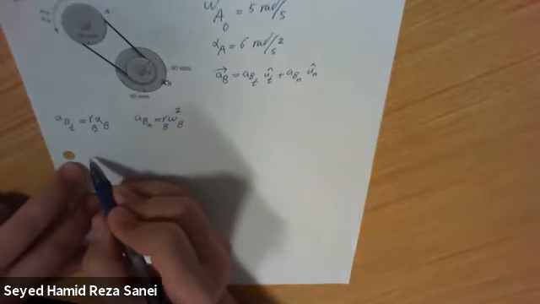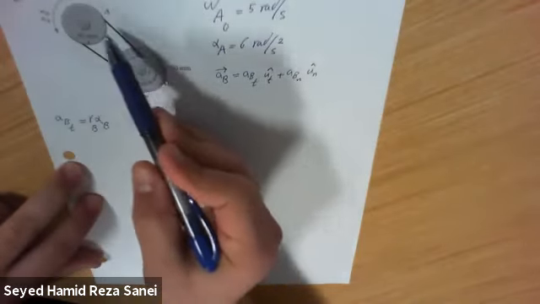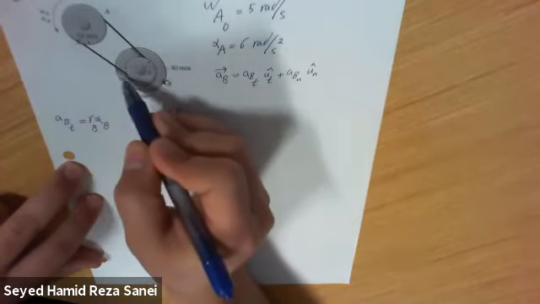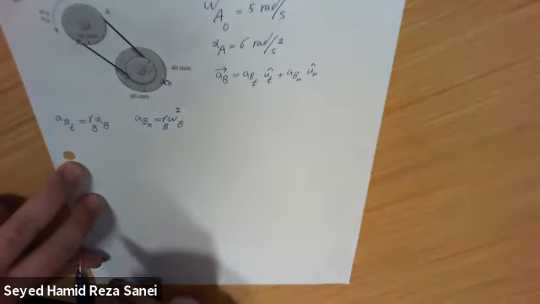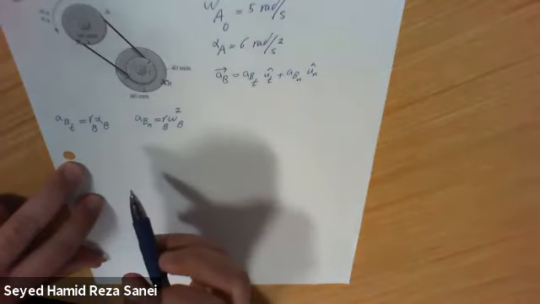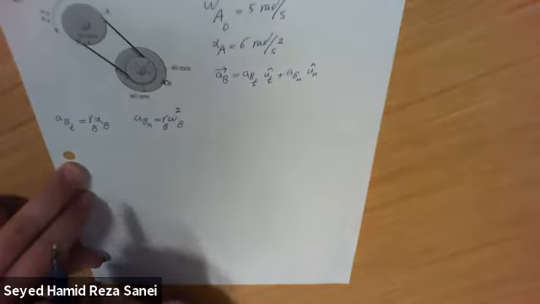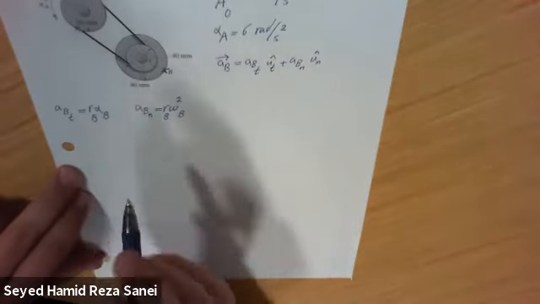I know the velocity here should be constant at these two points, so I can write the gear equations here, even though I have a rope connecting the two.